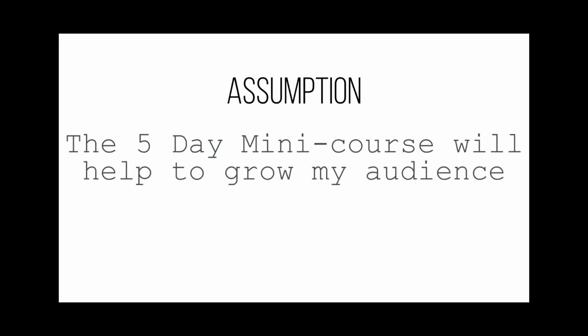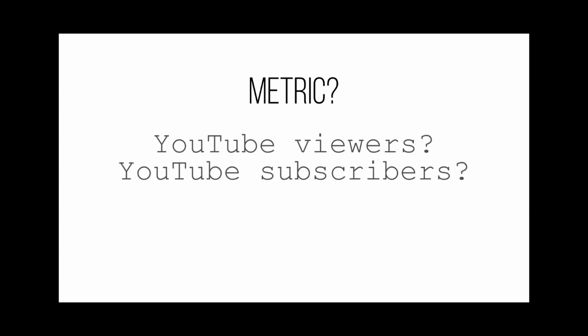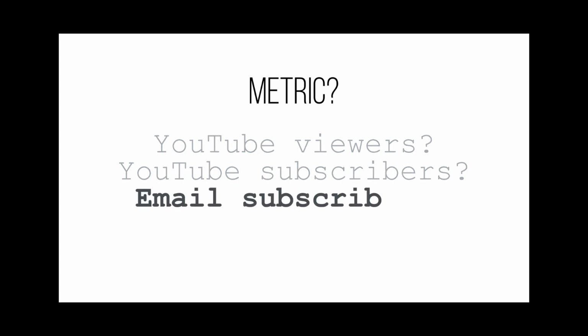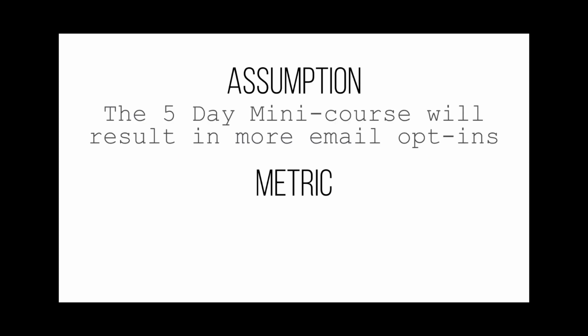Okay, well, not sure that's specific enough, but let's see where it leads us. What's the metric? Maybe YouTube viewers, YouTube subscribers, perhaps? I'd actually like to throw the net a little wider than just YouTube. So how about email subscribers? The 5-day mini-course will result in more email opt-ins, and the metric is email opt-ins. Definitely measurable and easy to measure.